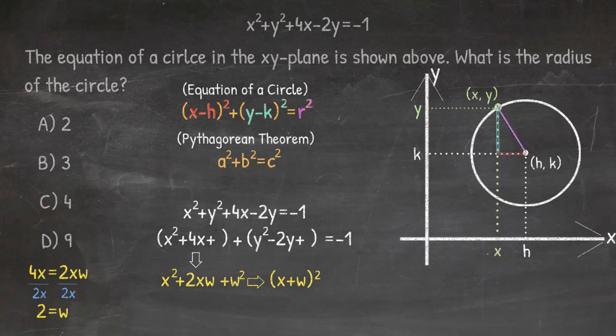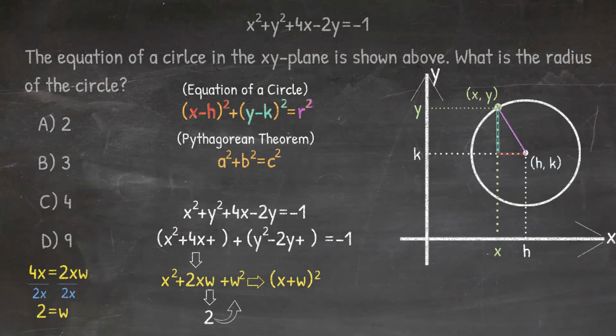So if we were to create a binomial in the squared form, we would need to use 2 in place of w, which would mean that inside the brackets we get x squared plus 4x plus w squared, which would be 2 squared, since we defined w as 2 as a result of our calculation.